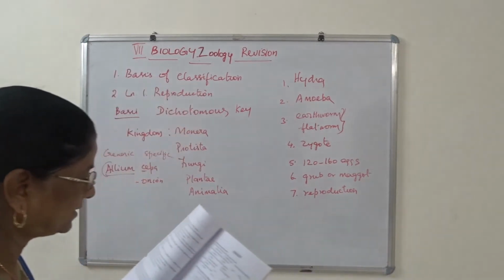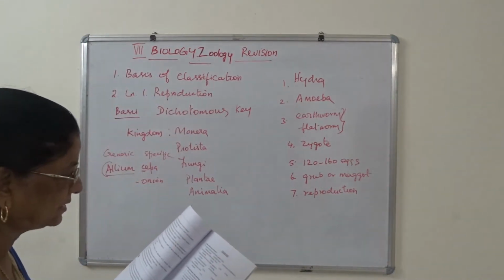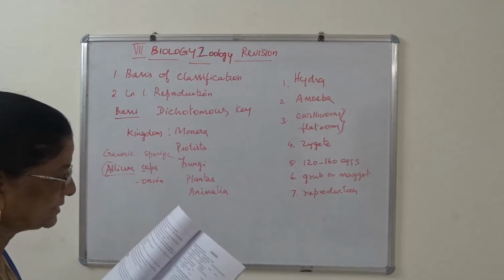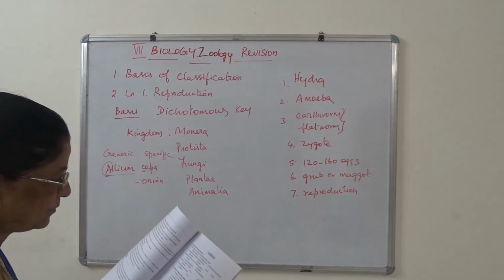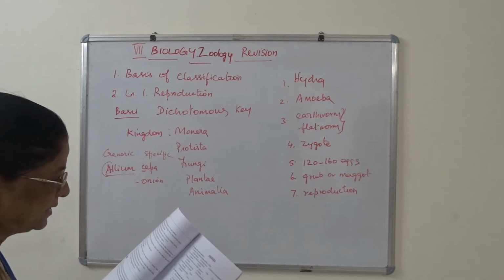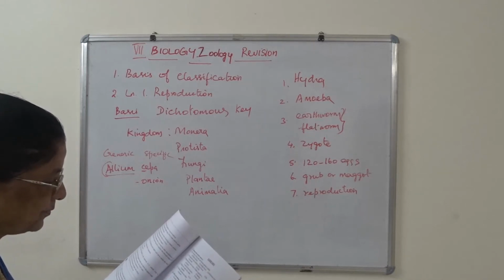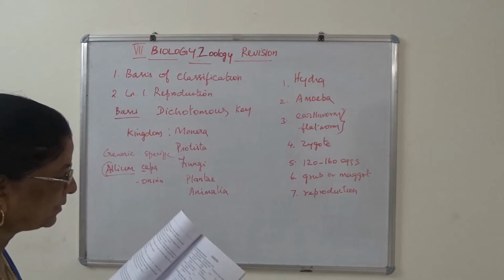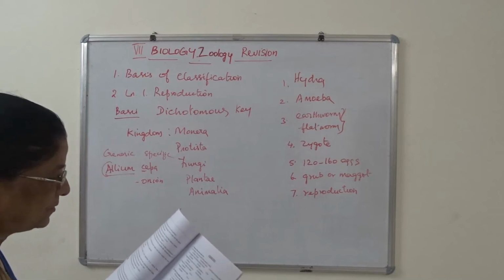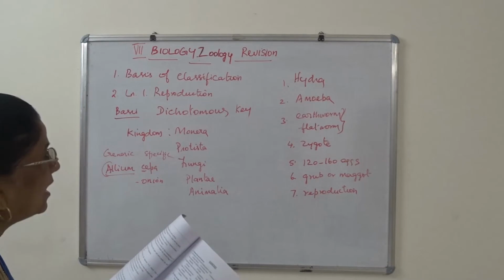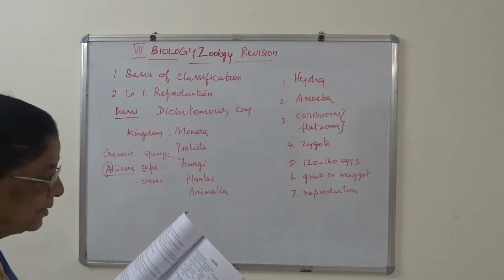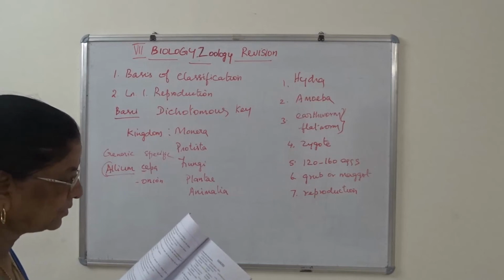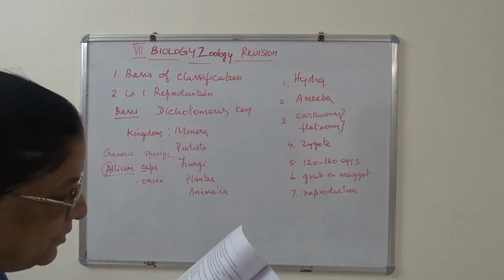First one Hydra, second amoeba, then invertebrates like earthworm or flatworm, where both male and female gametes are produced.